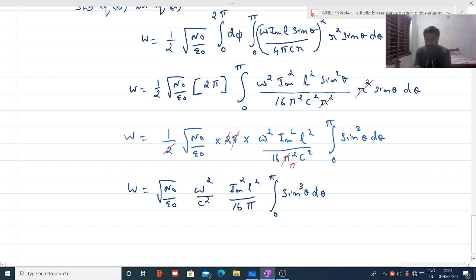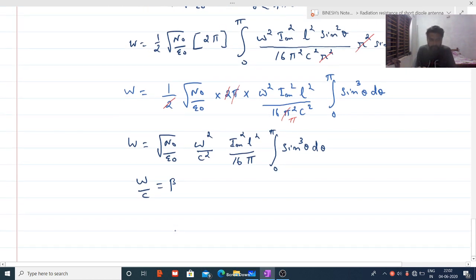So I can write this term omega by c square, that is, omega by c is nothing but beta. Okay, so I will substitute that in the equation, that is W is nothing but root of mu naught by epsilon naught. Root of mu naught by epsilon naught is nothing but 120 pi only. That we can substitute here.